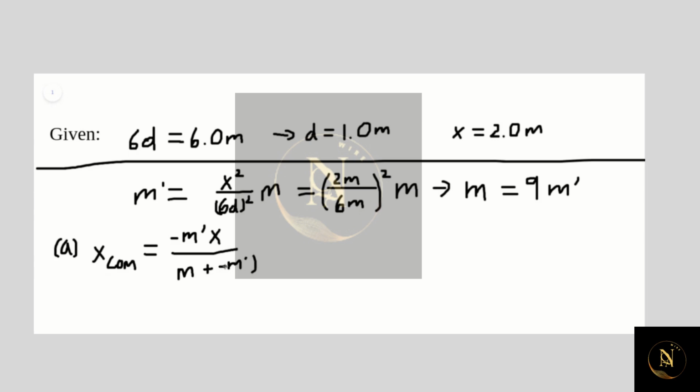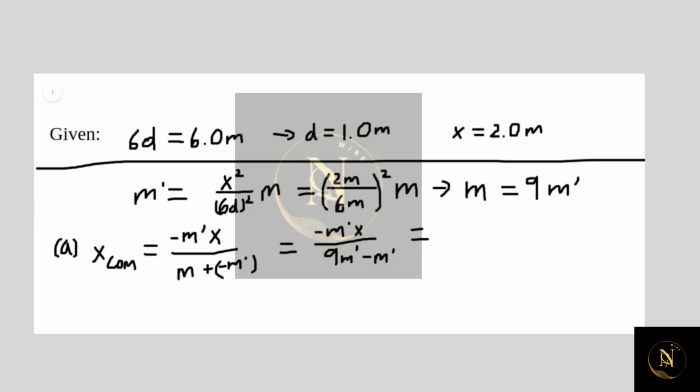Again, negative because we're taking that mass out. So this is equal to negative M prime times x divided by, well, we were told that M is 9M prime. That's what we just solved for. So 9M prime minus M prime. M prime is common in the top and the bottom, so it's going to cancel.